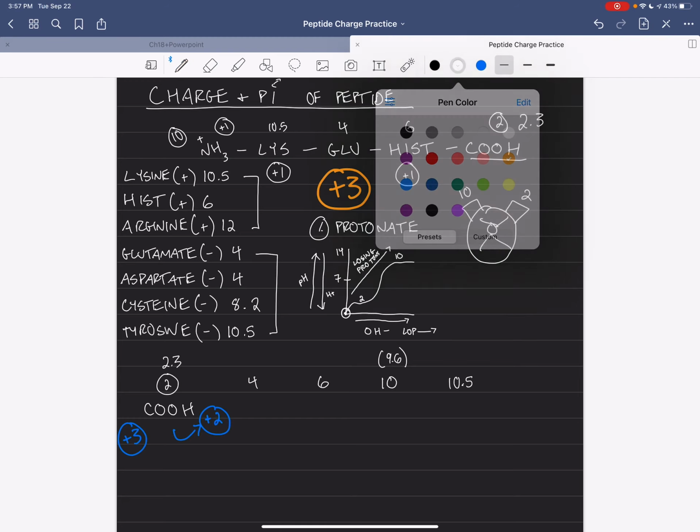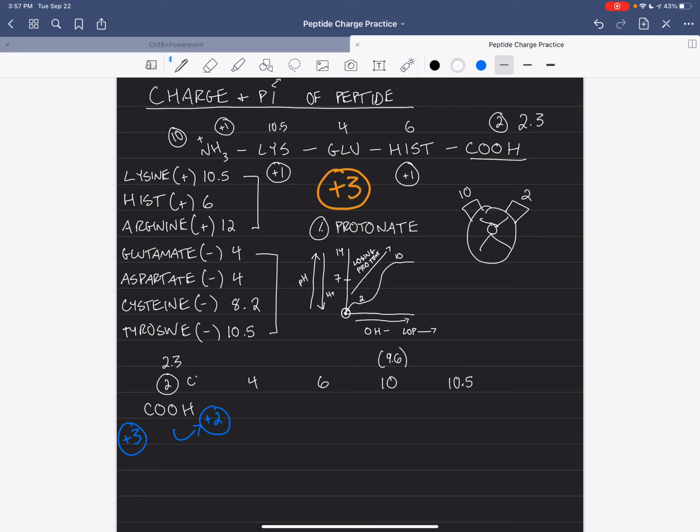That carboxyl is now, well, you have to know the rule of 9s to know exactly when, but for simplicity's sake, we now have lost charge, so now we're at +2. Our 4 was glutamate, and our 6 was histidine. Our 10 is that NH3. As we keep moving, as we move one more, we have a +1. As we move one more, we have a 0. And if we move one more, we'll have a -1.